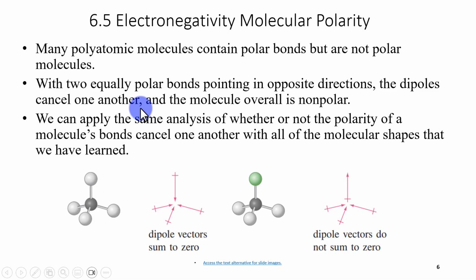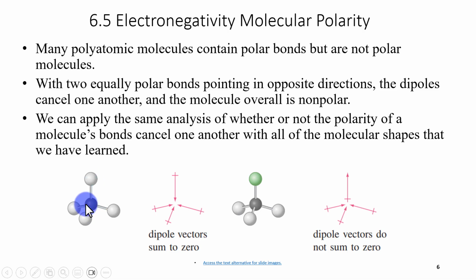Now we can do this with molecules that are very simple, or when we have molecular shapes that are a little more complicated. So let's take a look at CH4, for example. In this little picture here, it doesn't have to be CH4, but I have a central atom that is bonded to 4 other atoms that are exactly the same.